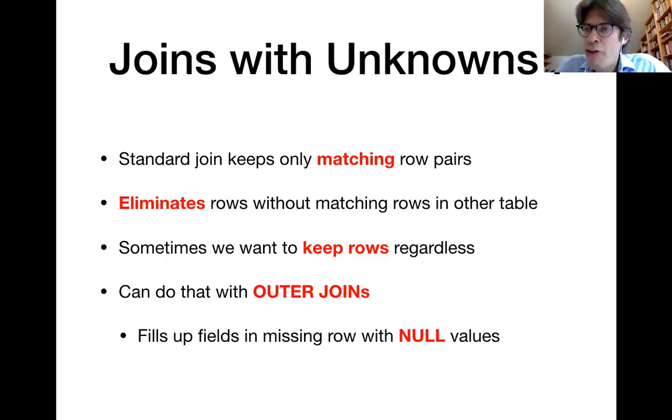And SQL offers you some specialized syntax in order to make sure that the result of a join keeps all the rows that appear in the input tables, even those rows which do not have any matching rows in the other table. And that is called an outer join.